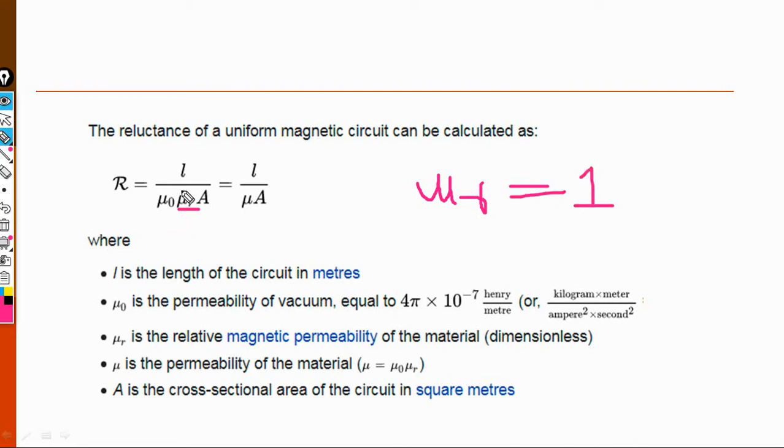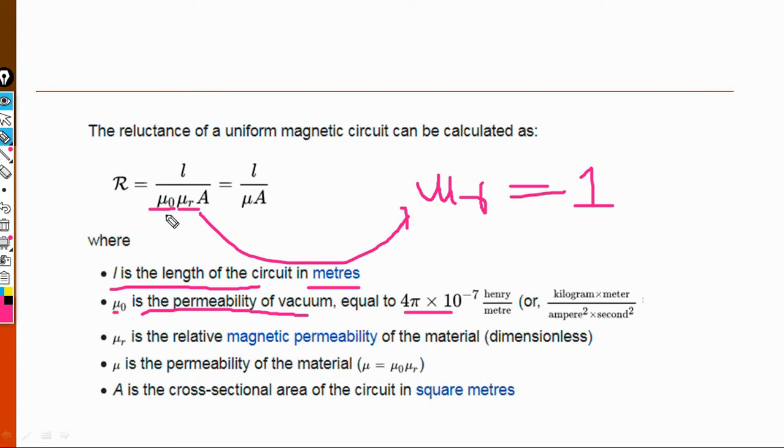Then put here mu R is equal to 1. Then R is equal to L upon mu into A. Then L means length of the circuit measured in meter. Then mu 0 is permeability of the vacuum, the value of mu 0 is equal to 4 pi into 10 raised to minus 7 Henry per meter.